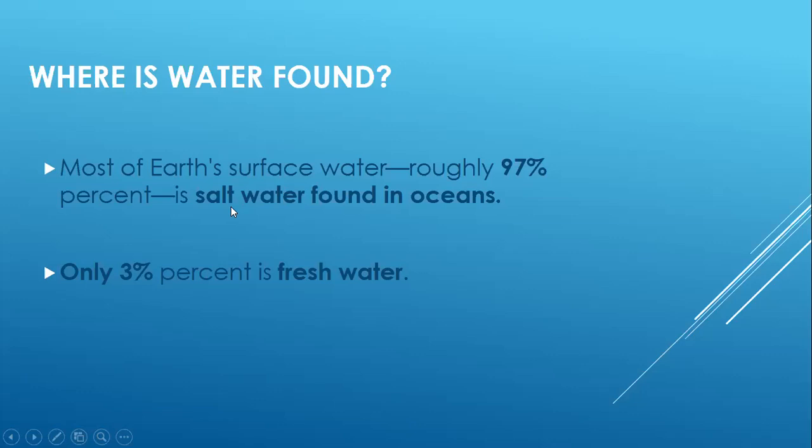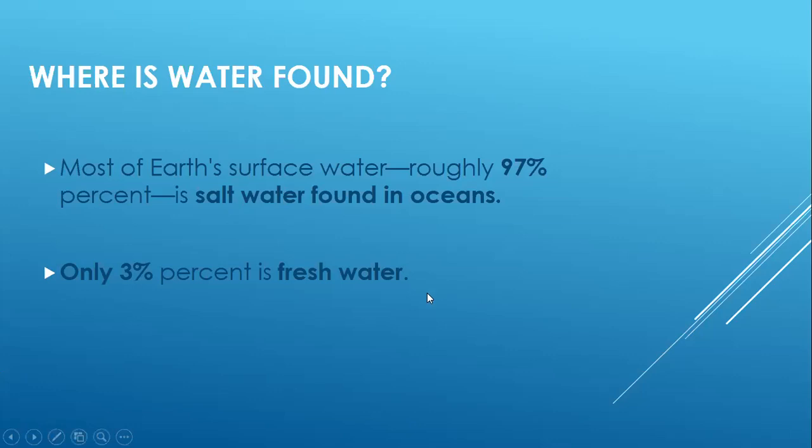So this is a huge part of water, in the form of salt water in the oceans. Only 3% of the water is fresh water, the water we can drink, and other organisms can drink too.